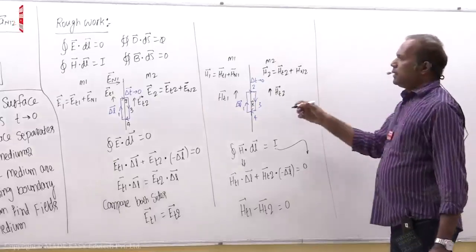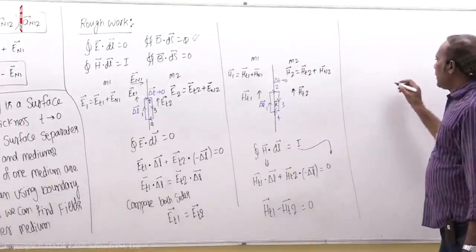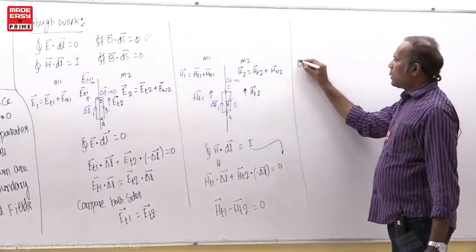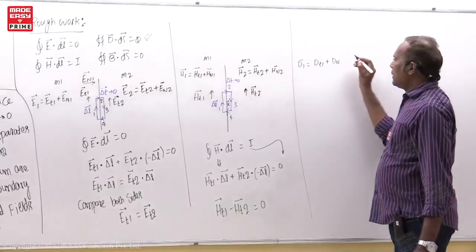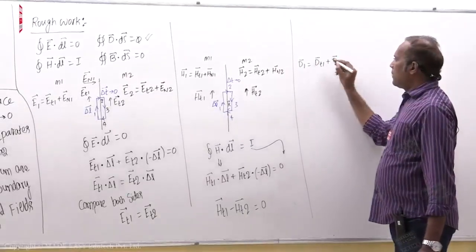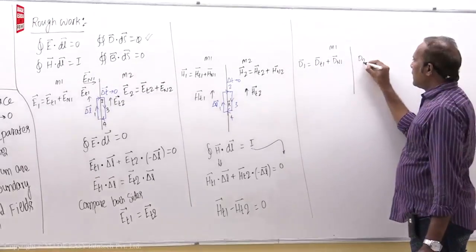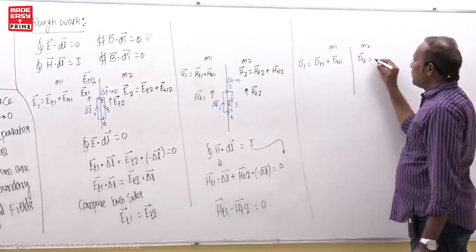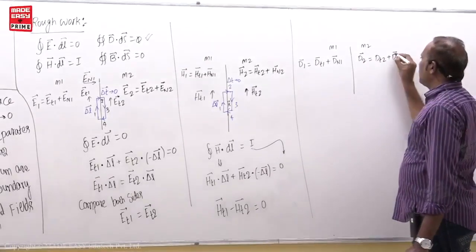Similar to this, if you take this equation near the boundary, D1 bar is equal to DT1 and DN1, and this is medium 1. Similarly, in the second medium, medium 2, D2 bar is equal to DT2 plus DN2.